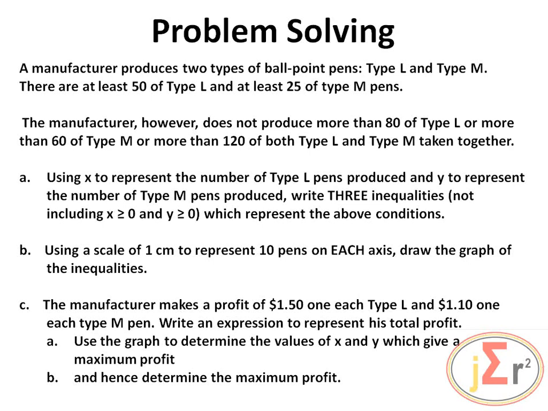Using a scale of 1 cm to represent 10 pens on each axis, draw the graph of the inequalities. The manufacturer makes a profit of $1.50 on each type L and $1.10 on each type M pen. Write an expression to represent his total profit, and of course that is going to be our objective function. Use the graph to determine the values of x and y which give a maximum profit, and hence determine the maximum profit.